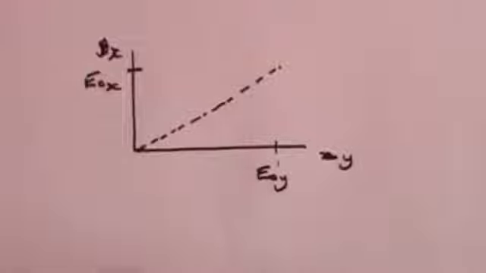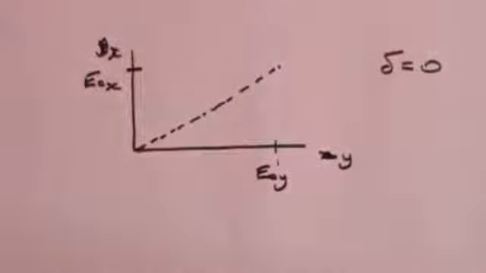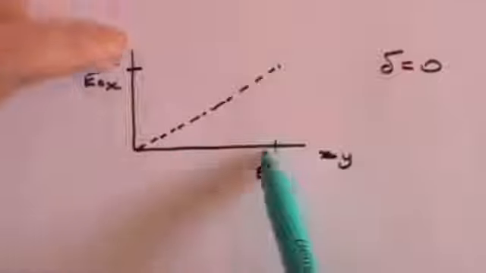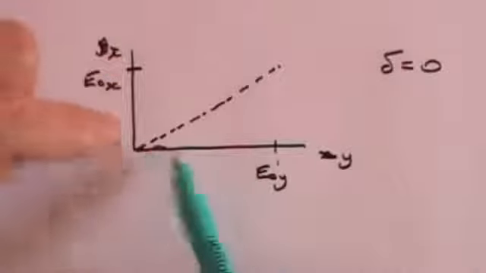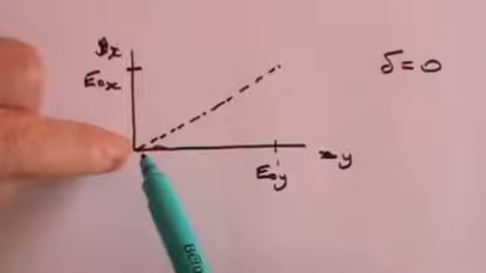Now, if delta is 0, that is to say the phase angle is 0, that means the two waves are in phase, which means that the components will both be oscillating in phase in the same way. So when the Y component is 0, the X component is 0.